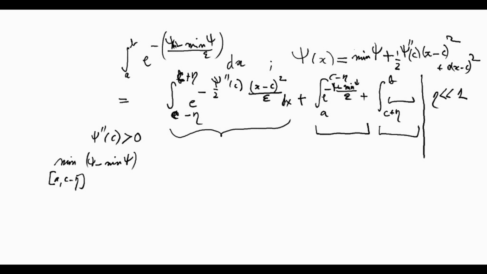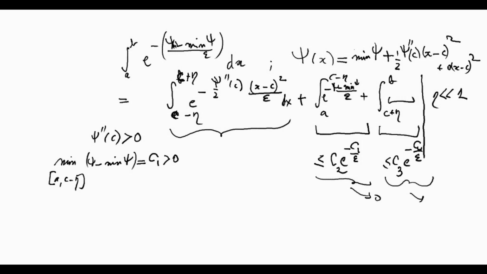It's actually a quantity that we can call c1, which is strictly positive. So this can be bounded by exponential minus c1 divided by epsilon multiplied by a constant c2, and again this is a constant c3 exponential a constant c4 divided by epsilon. So which means that each of these terms here goes to 0 exponentially.